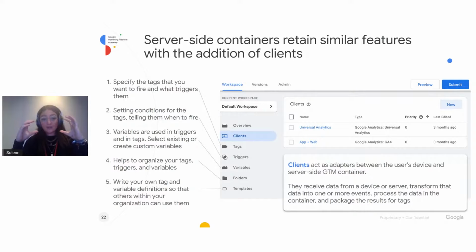You can send from the client several events, so several event data objects, and they can be sent to several tags. You can go either from the same event to several tags, or from several events to several tags. So there are several possibilities actually.